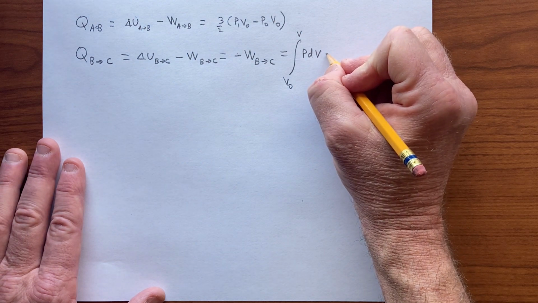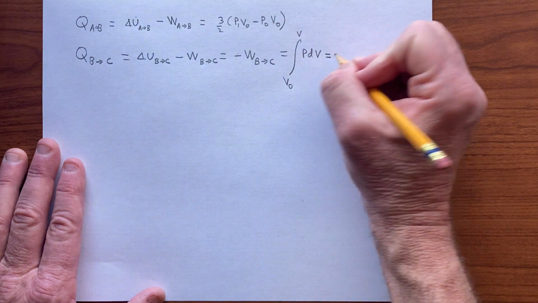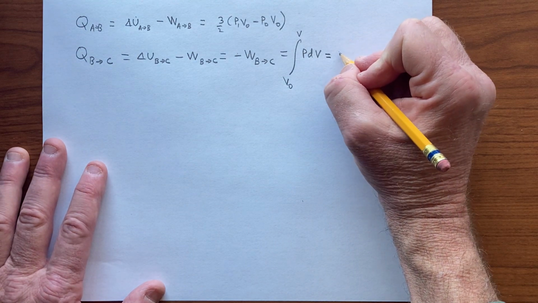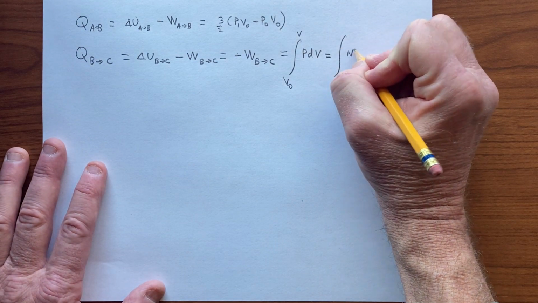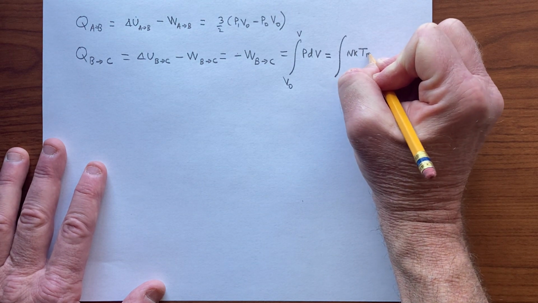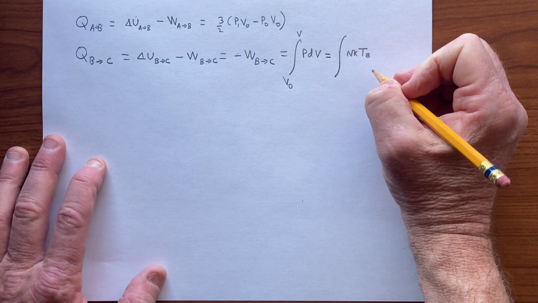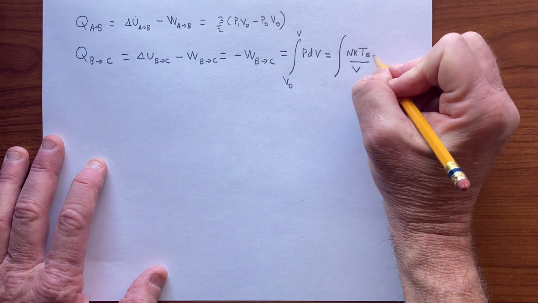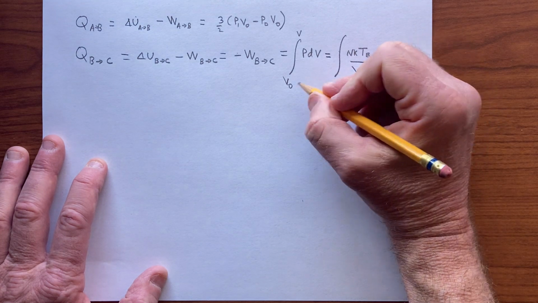And here we can evaluate this, right? P is, by the ideal gas law, N K T, and T is always a constant, the value at TB remains constant, divided by the volume. That's what the pressure is. The pressure is changing with volume, right?